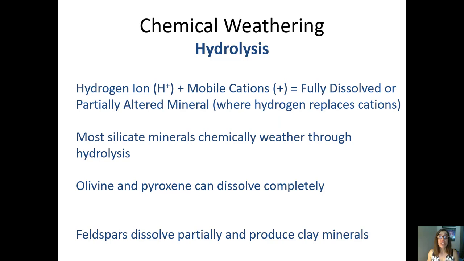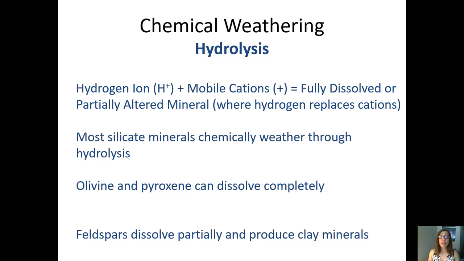So in hydrolysis, a hydrogen ion that is present in the water is able to interact with the cations that are in the mineral. And so this process is particularly important because it is the process that weathers most silicate materials. Most silicate minerals chemically weather through this process of hydrolysis.